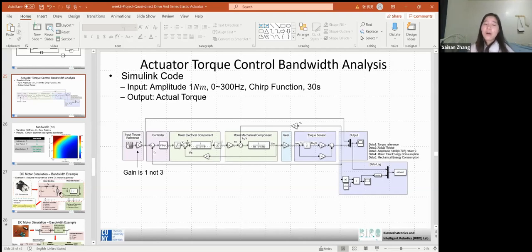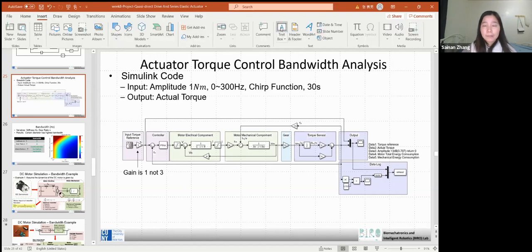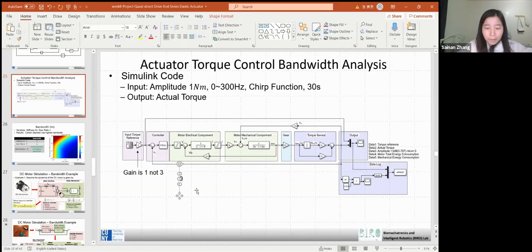For example, here for a motor, the voltage is limited. For example, here, V theta, I can write it here. It is used to limit the voltage.